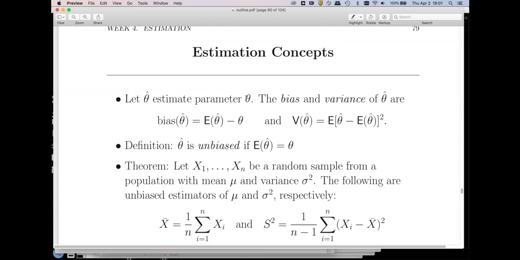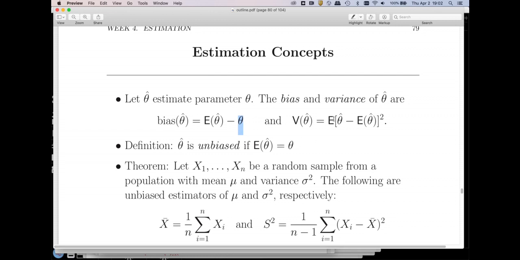So two of the most important properties of an estimator are the bias and the variance. So what is the bias? Well, the bias is simply the expected value of the estimator minus the value of the parameter. So this is, on average, what is the statistic going to produce, compared to the true parameter.